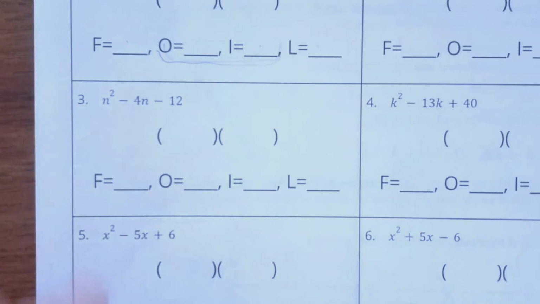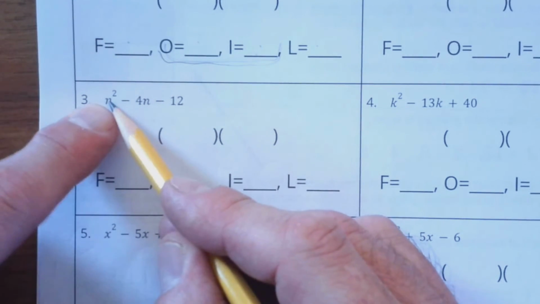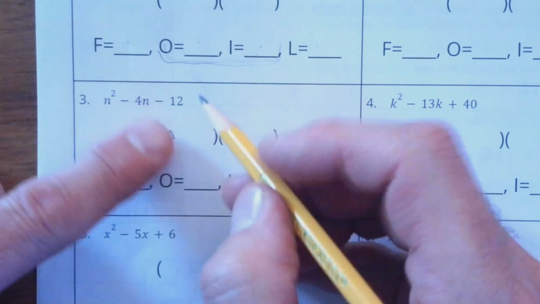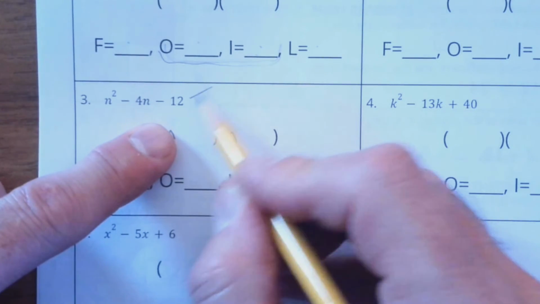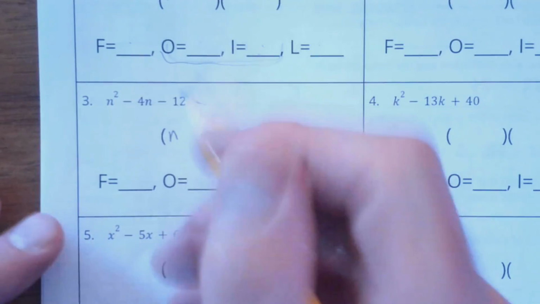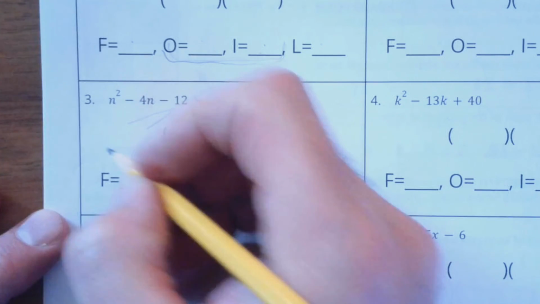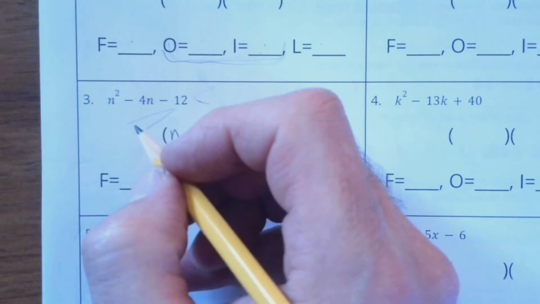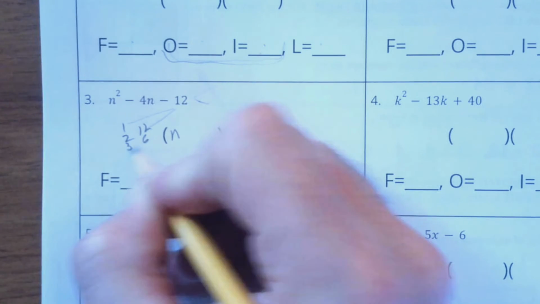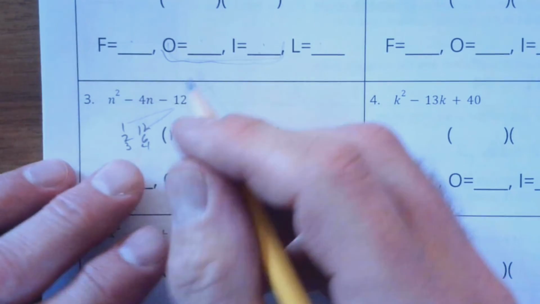Okay, so we know we need n times n, and then we need factor pairs of 12. I'm going to write them over here. So factor pairs of 12 are 1 and 12, 2 and 6, 3 and 4.